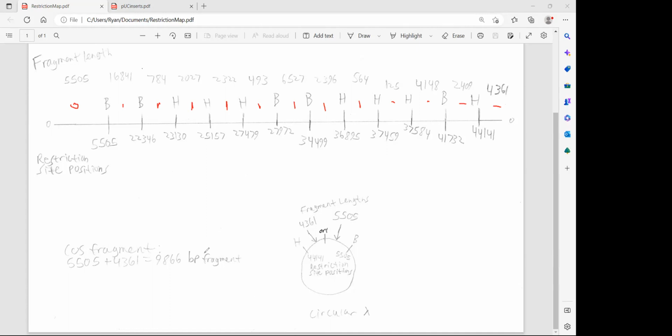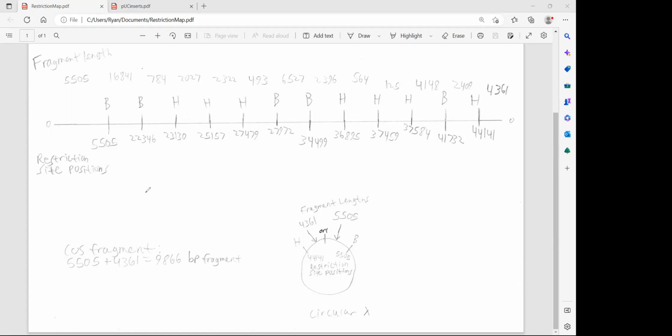But then he also said make sure you include the cos fragment, and that would be this length. So for the cos fragment, we're going to write each enzyme and then tell them how many base pairs. But are we going to say cos?